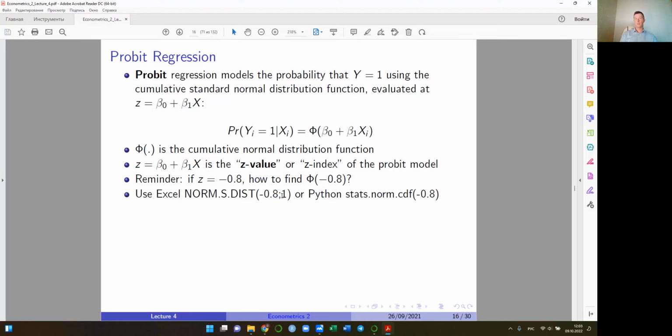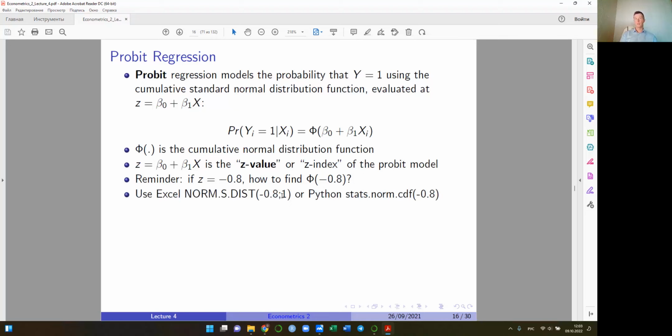Now, how can we evaluate the predicted value for PI ratio? We plug 0.3 here, and then we have the Z index or Z value inside of the standard normal CDF, evaluated, and get 9.6%. When we change PI ratio to 0.4, we just change this value here, and the result is 15.7%.